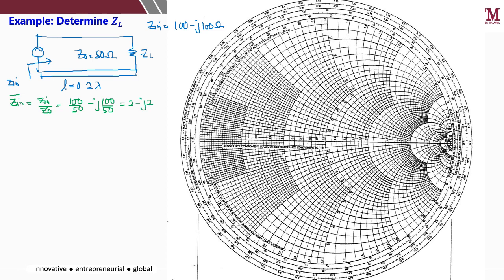Then you need to plot the Z-in position. So 2 minus J2, so your 2 is here, minus is down there, and J2 is 2.0, it's there. So there will be your Z-in.